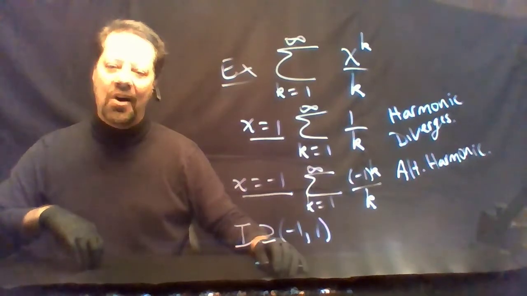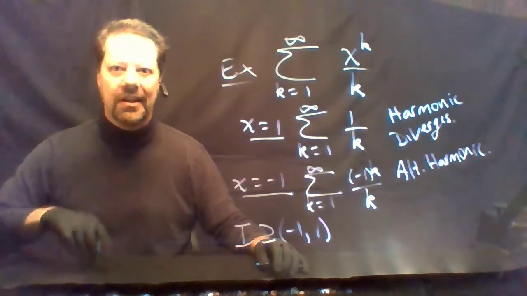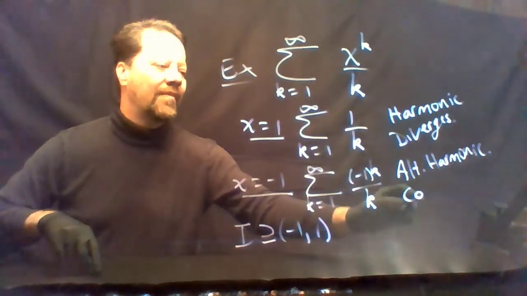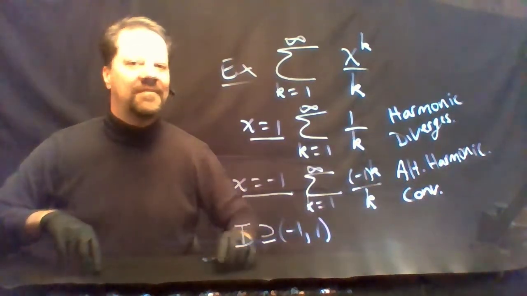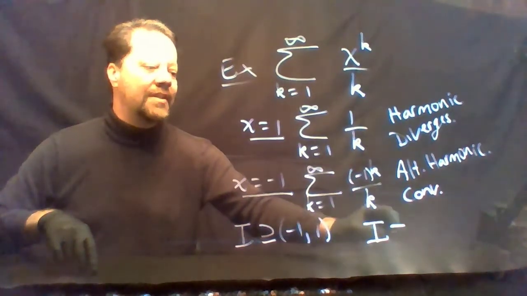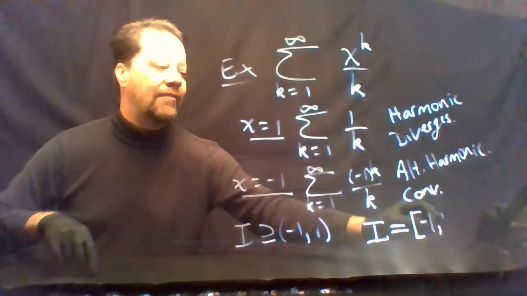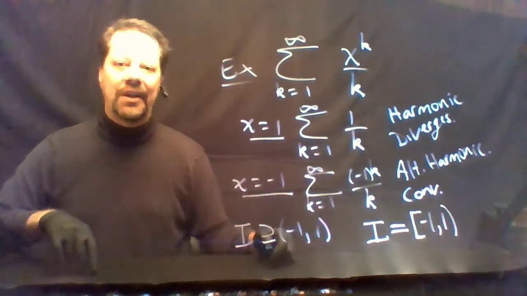And the alternating harmonic series famously converges, conditionally, but it converges. We deduce then that the interval of convergence is equal to the interval including -1, but not including 1.